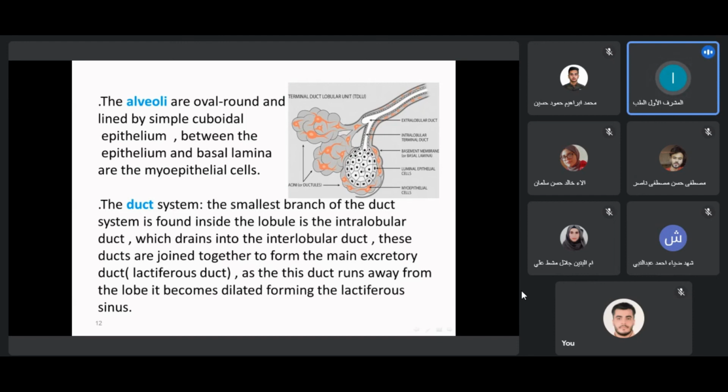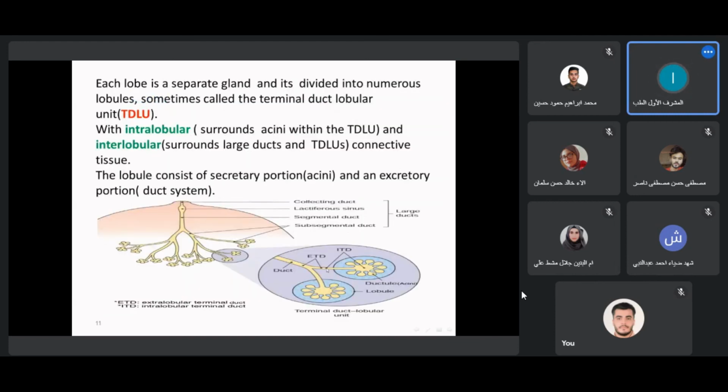The duct system: we said the lobule, or terminal duct lobular unit, consists of the acini and duct. The duct system starts from the smallest branch of the duct, which is found inside the lobule, therefore it's called the intralobular duct. This part is within the terminal duct lobular unit and is called the intralobular terminal duct, and the one that is outside the lobular unit is called the extralobular terminal duct.